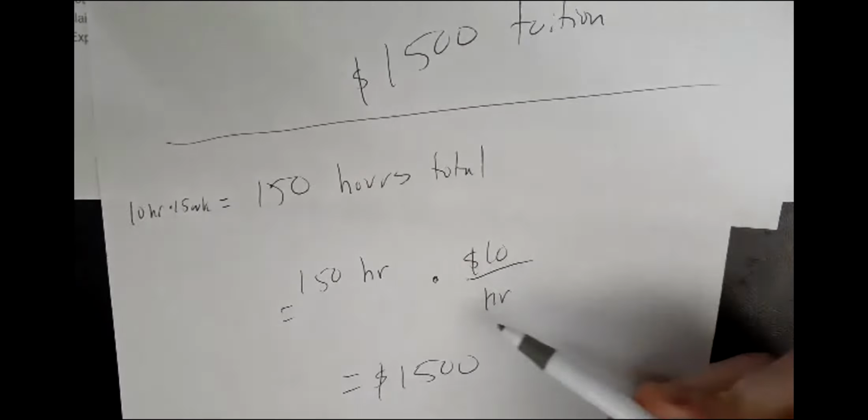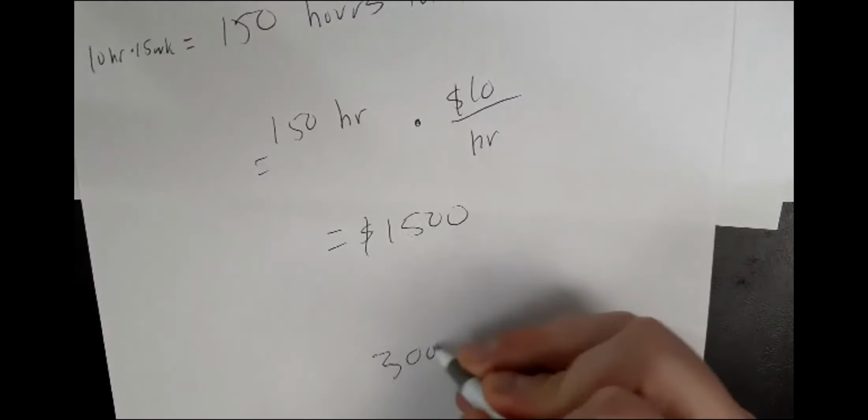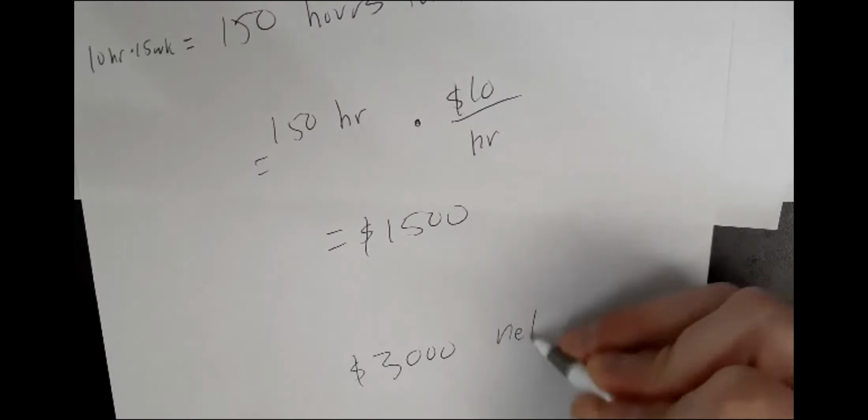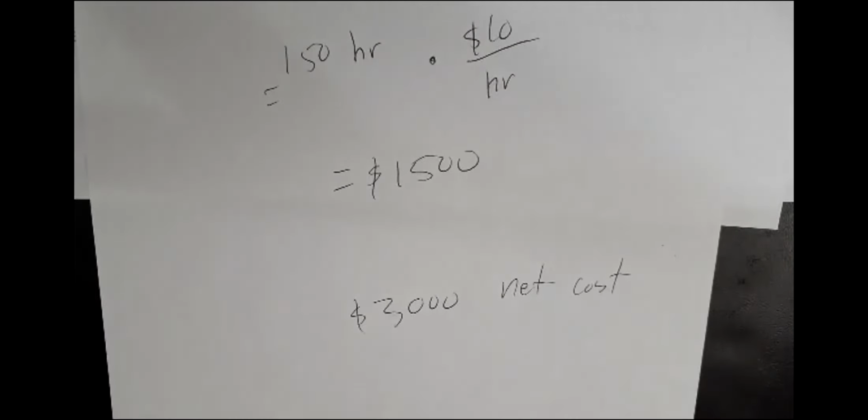So we're paying $1,500 and $1,500. I think they want $3,000 as their net cost. And let me double check and make sure that's what they're asking. This is 51. Yes.